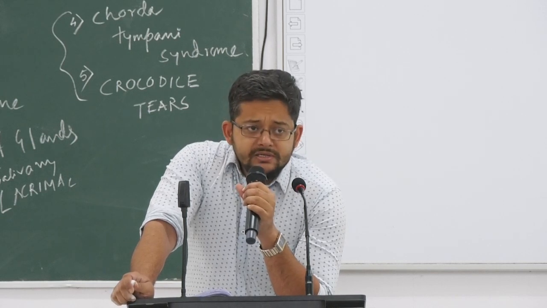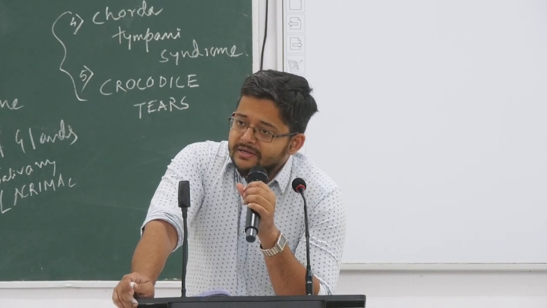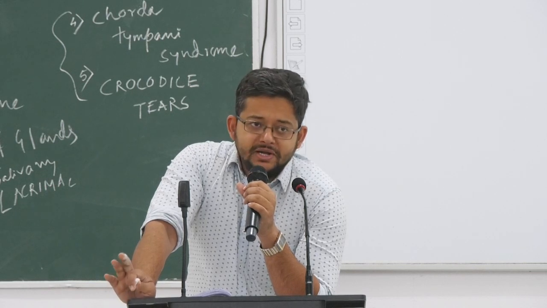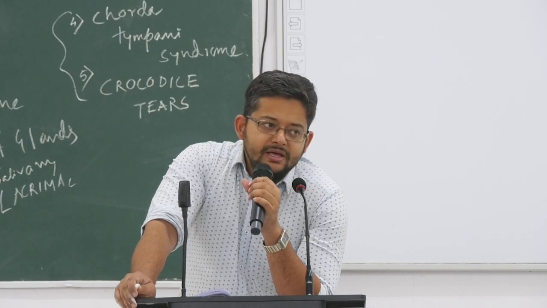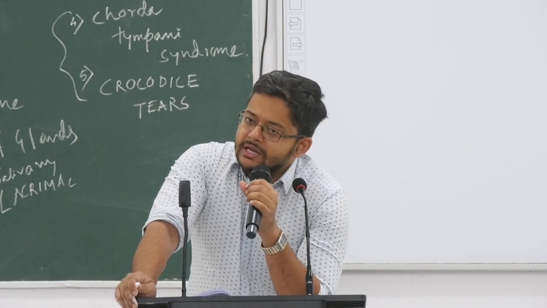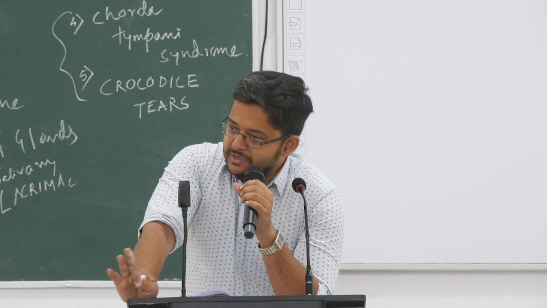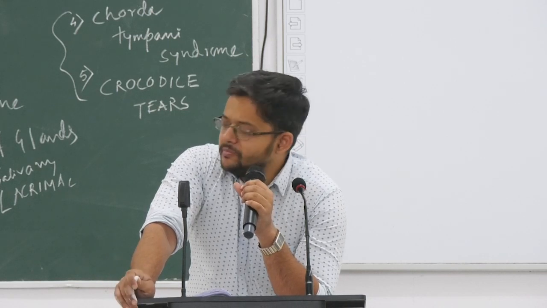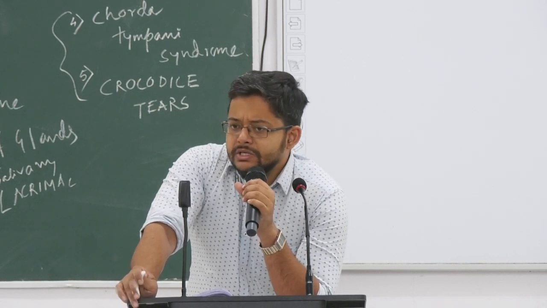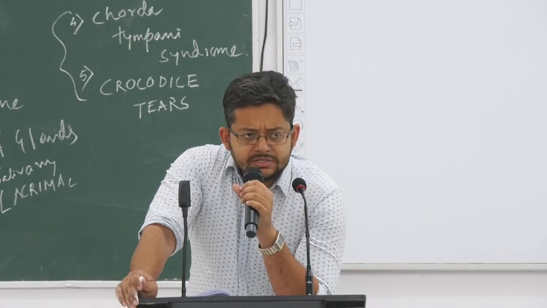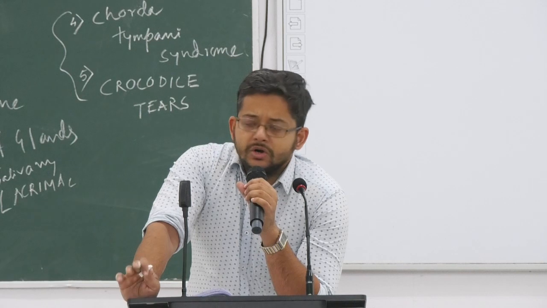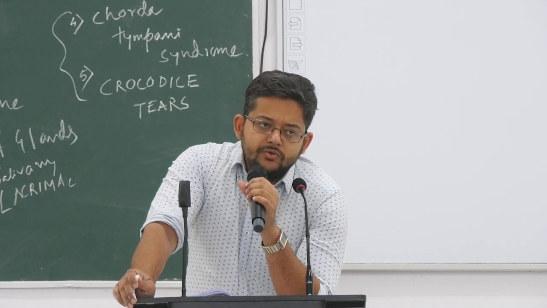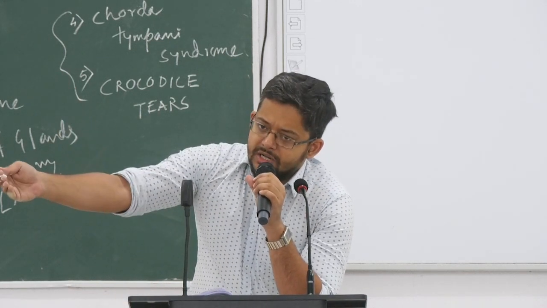What is face? Now at least you are understanding that this is too easy as a question. Anyway, so nerve is basically a structure which conducts impulses or signals from a peripheral structure.